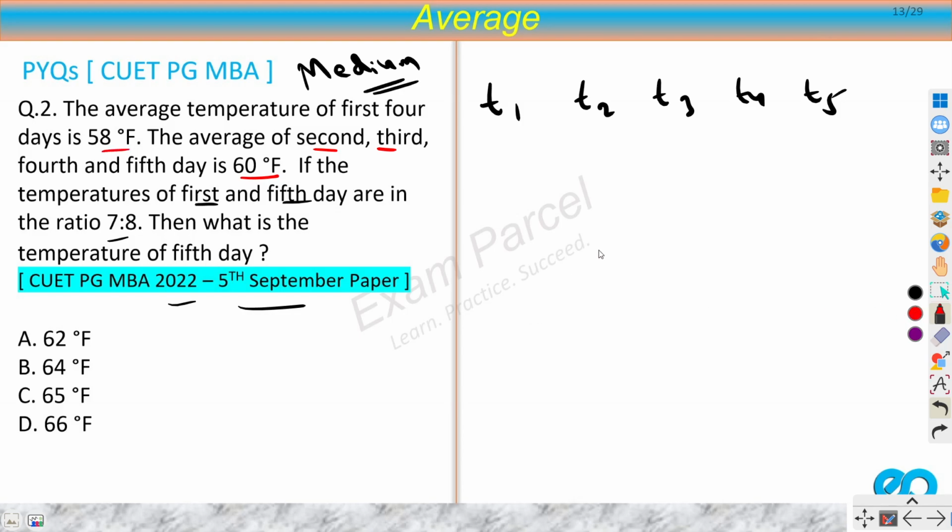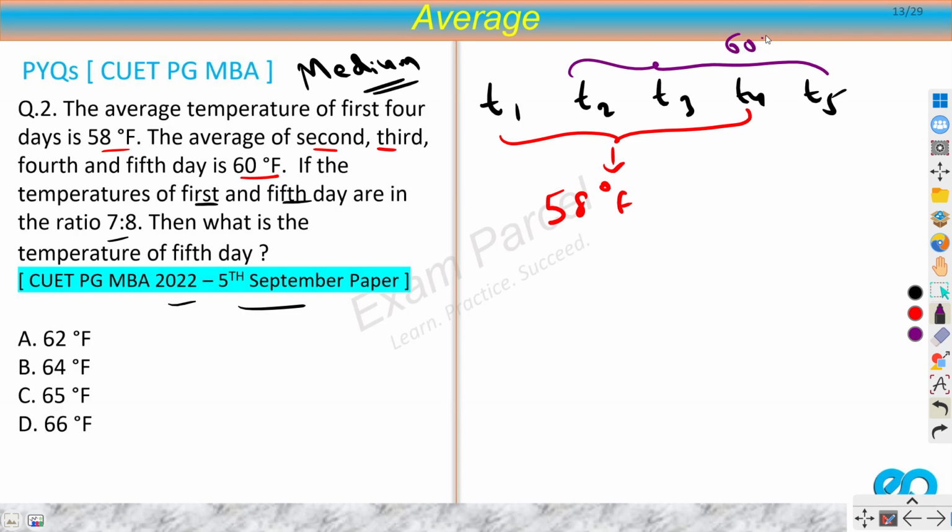So for the first 4 days, we have average 58 degree Fahrenheit, and for the last 4 days, we have 60 degree Fahrenheit. Now notice what the difference in these two is. In the first case, when we take these 4, I am ignoring this one, and in the second case, when I am taking these 4, I am ignoring this one. So how can we relate these two?